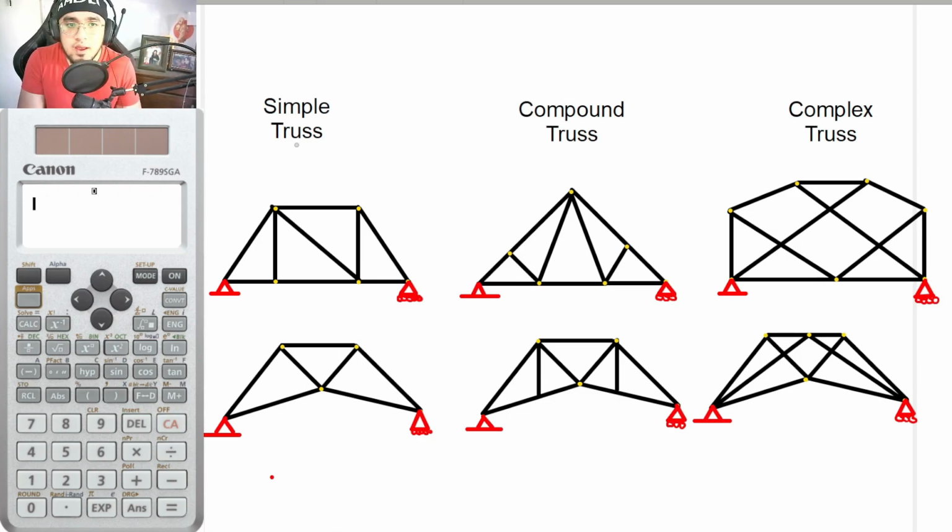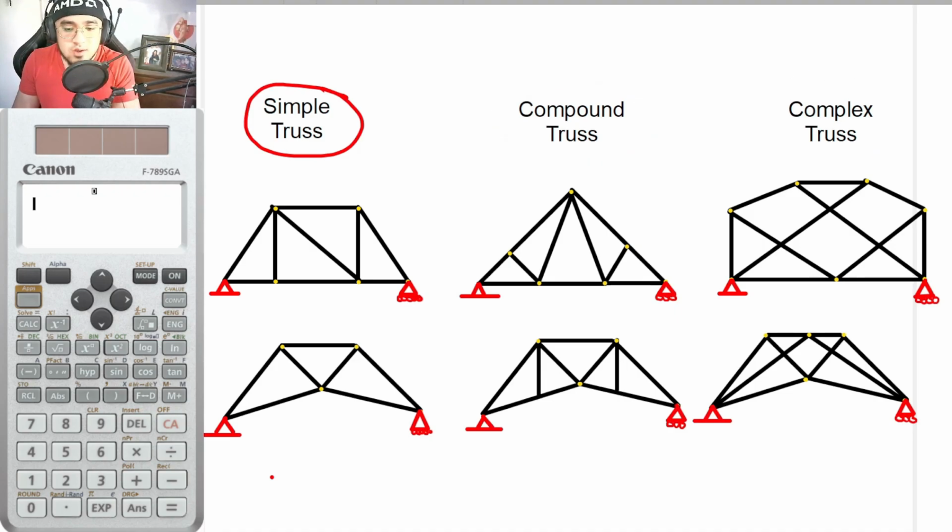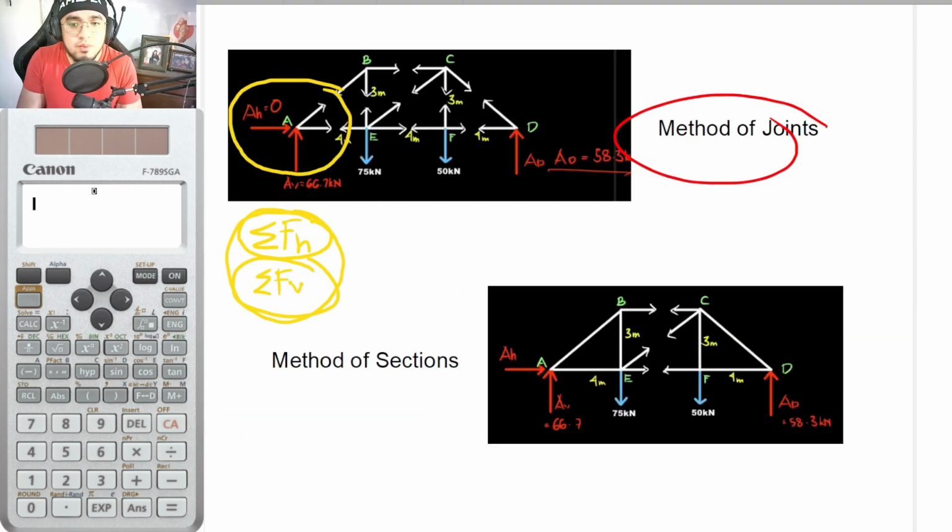We have our simple truss, our compound truss, and our complex truss. There are special types of statically determinate trusses which are much more complicated than a simple truss. In our previous examples in statics of rigid bodies, almost all of those are simple trusses.